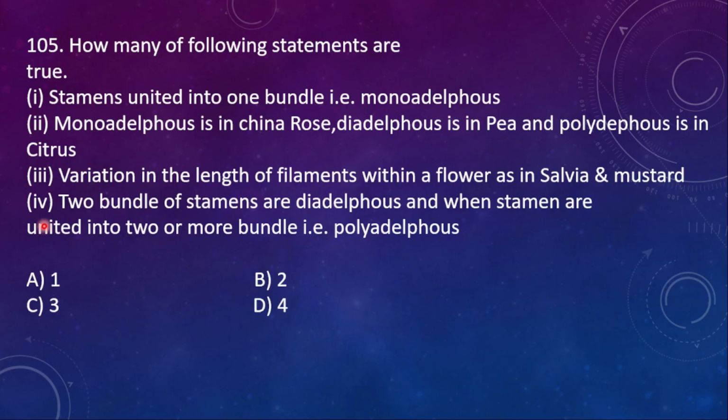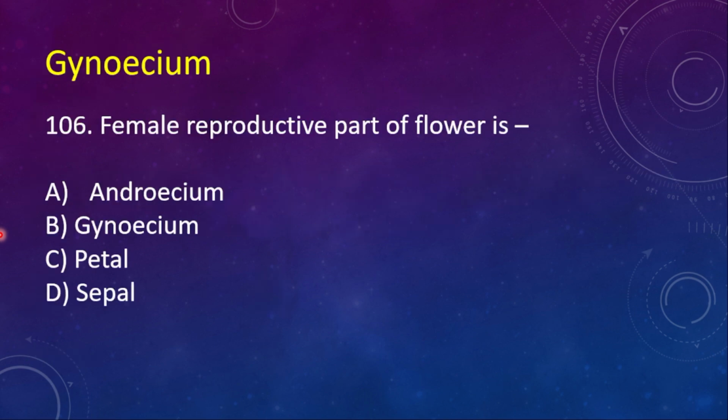Variation in length of filaments within a flower as in salvia and mustard. Statement 4. Two bundles of stamens are diadelphous, and when stamens are united into two or more bundles, that is called what? Polyadelphous. And then here there are 4 true statements.